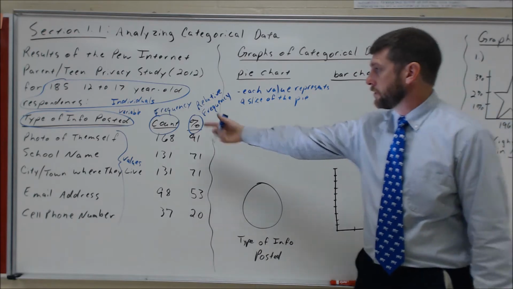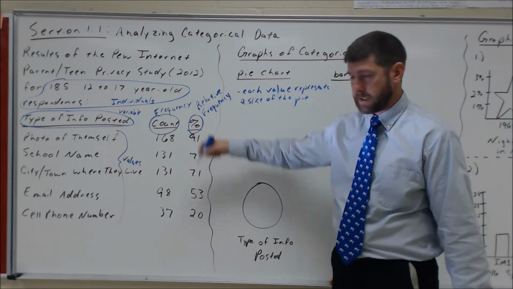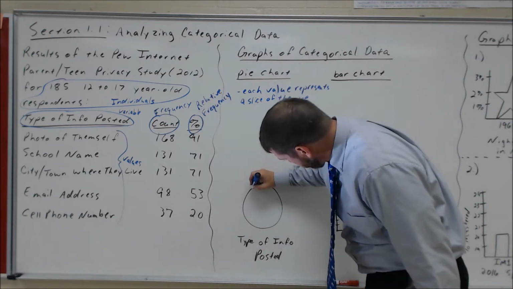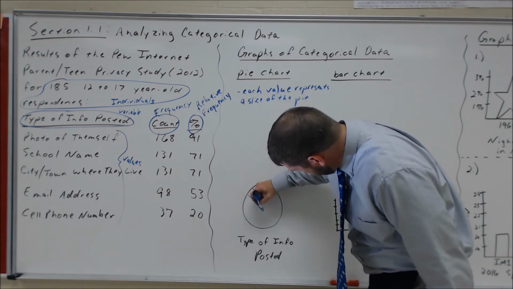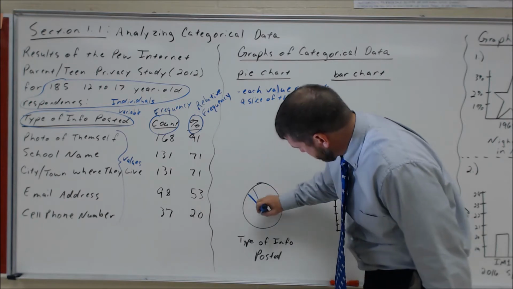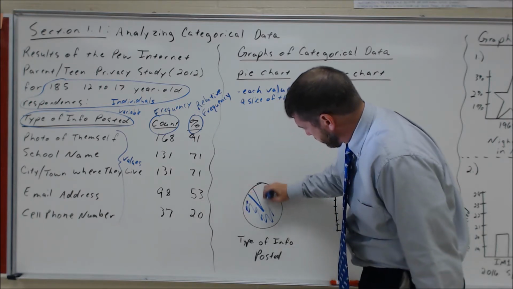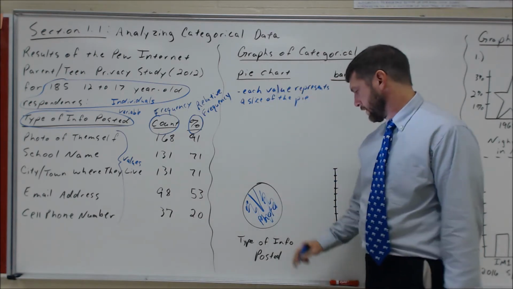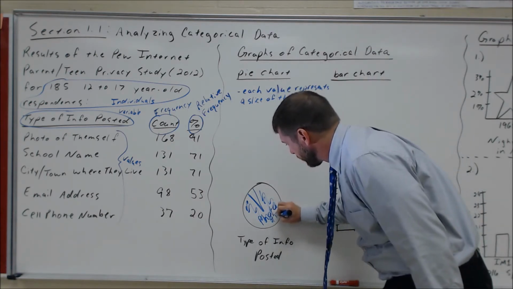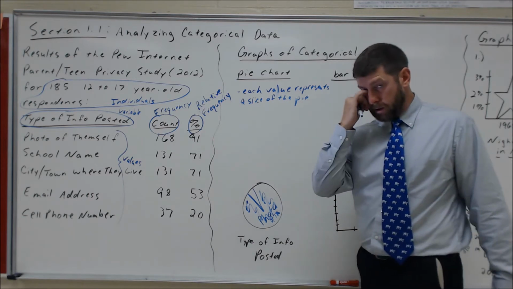So let's say we do a photo of themselves. That's a big slice, that's 91%. So all this stuff would have to be photo of themselves, okay? Because that's 91%. That leaves you just 10% right in there.